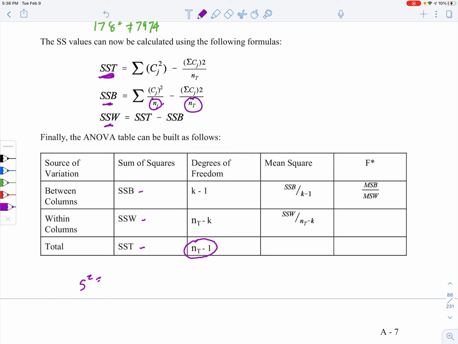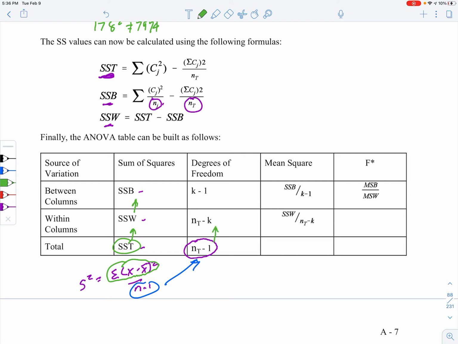So that's just, again, going back to this formula right here, way back in your first stats course. Right? So this numerator is just the SST, and this denominator is NT minus 1. But then we break the SST into 2 components, SSB and SSW.